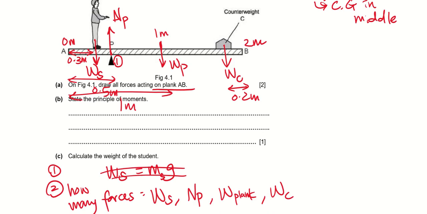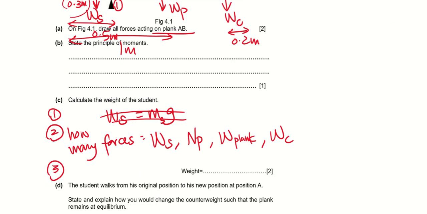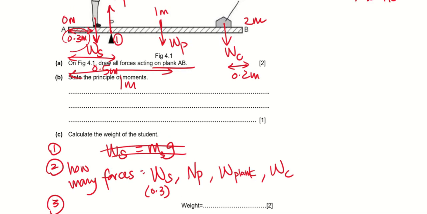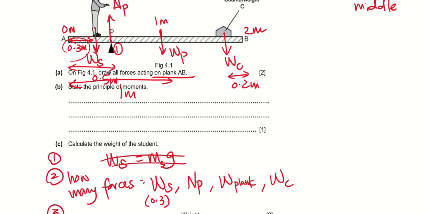So for the weight of student it is simple, it's just 0.3. So can I just write 0.3 over here? How about the normal force? What is the perpendicular distance of the line of action of this normal force to the pivot? You notice that the force that the pivot exerts on the plank is at the pivot.